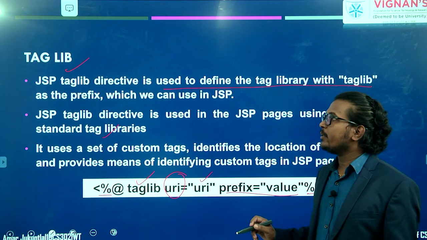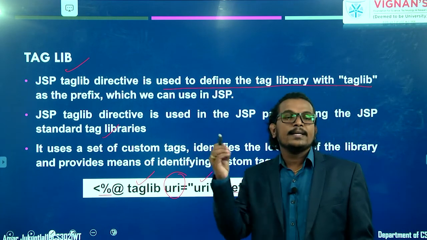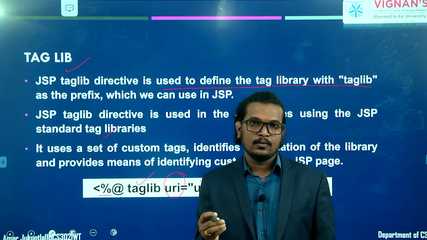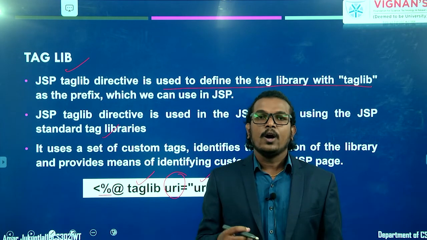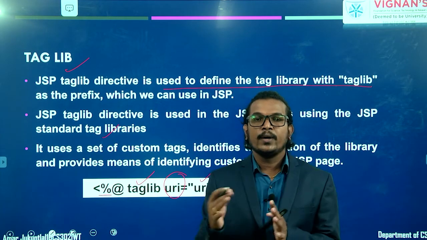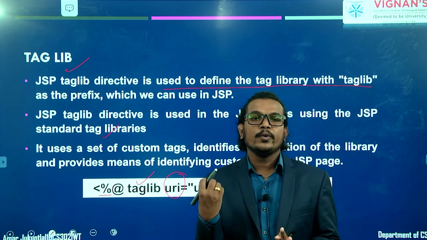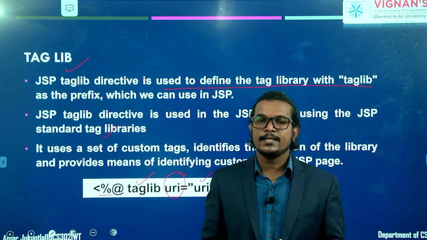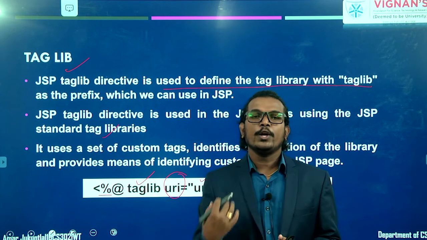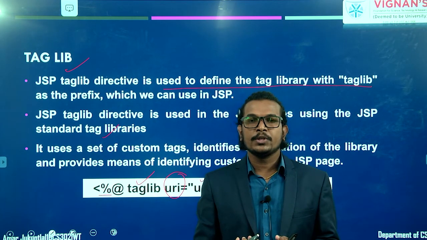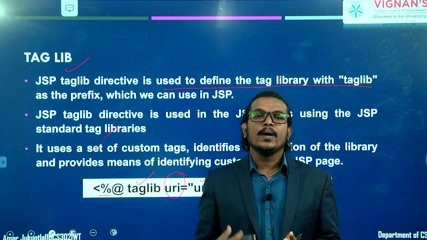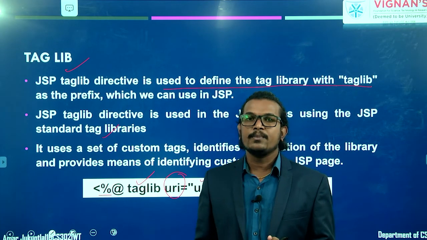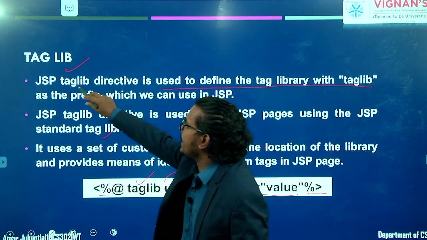So tag library directive means what? You are designing the user defined tags or custom tags, right? You are defining the custom tags in your JSP. Now you are trying to access all those custom tags in your JSP page. How are you accessing them?